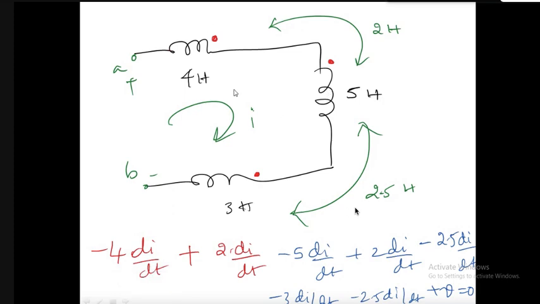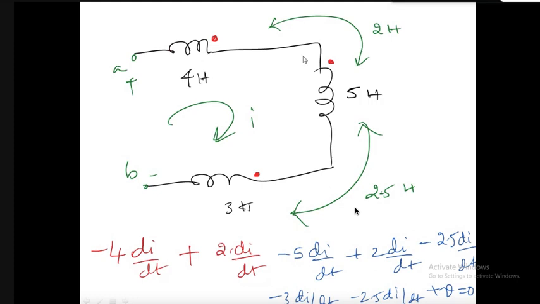So what is the self-induced EMF in the first coil? It is minus 4 di by dt. What is the mutually induced EMF between these two coils? It is 2 times di by dt. So it has to oppose the self-induced EMF. The self-induced EMF has negative polarity, so obviously the mutually induced EMF has to be positive. That's all for the first coil.